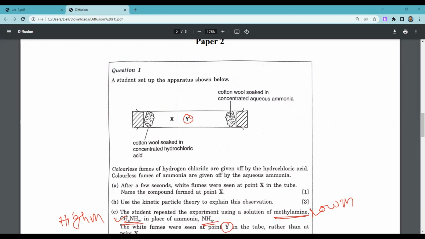The reason is that in the case of methylamine, the rate of diffusion is slow. Therefore, the ammonia molecules will move faster and reach this point, and the reaction will occur. I hope I made this question understandable.